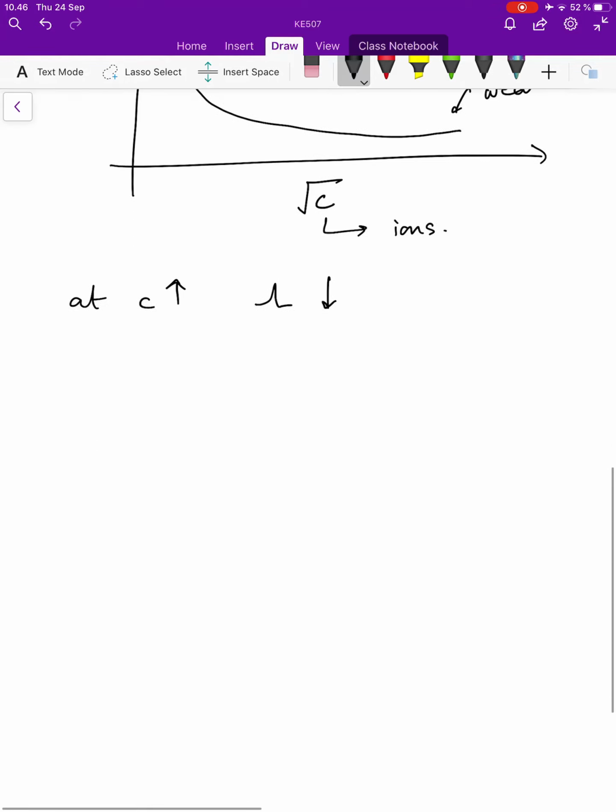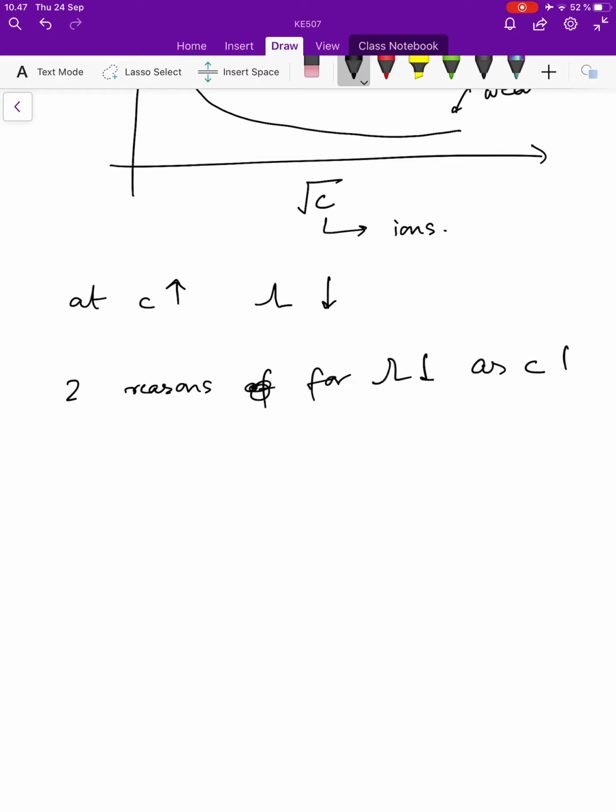For strong electrolytes, there are two reasons for the decrease in conductivity as the concentration increases. One is called the asymmetry effect.